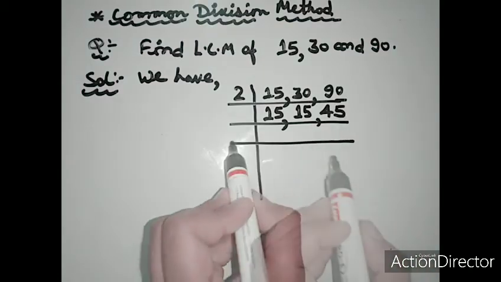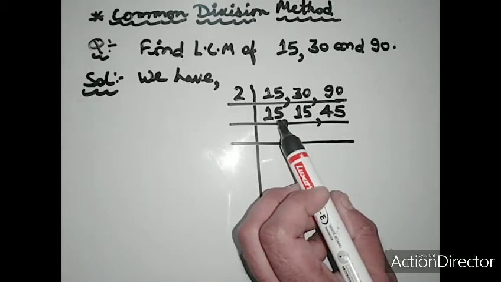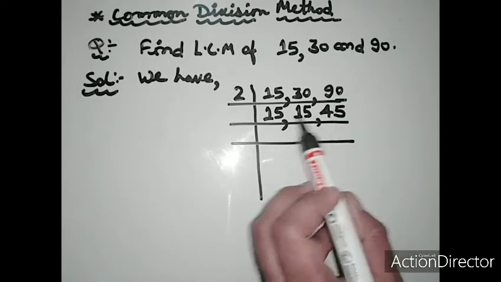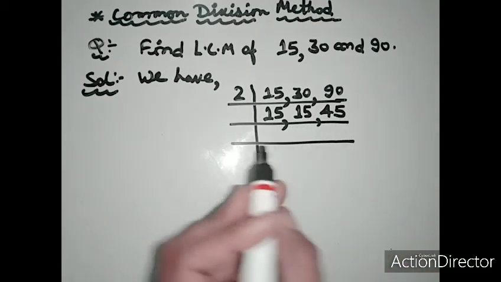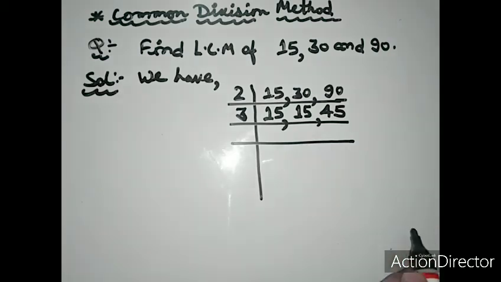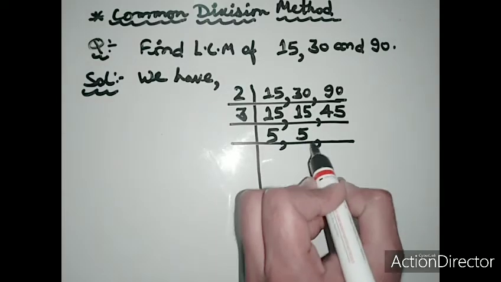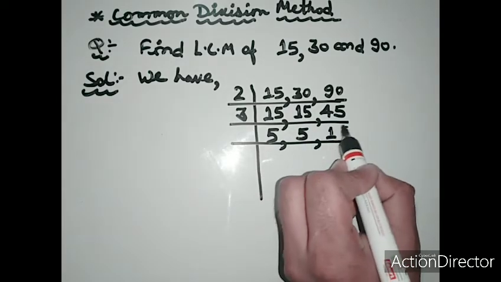Now here no other number is divisible by 2. So here we divide these numbers by 3, because 15 is divisible by 3 and 45 is also divisible by 3. So 3 5s are 15, 3 1s are 3 and 3 5s are 15.